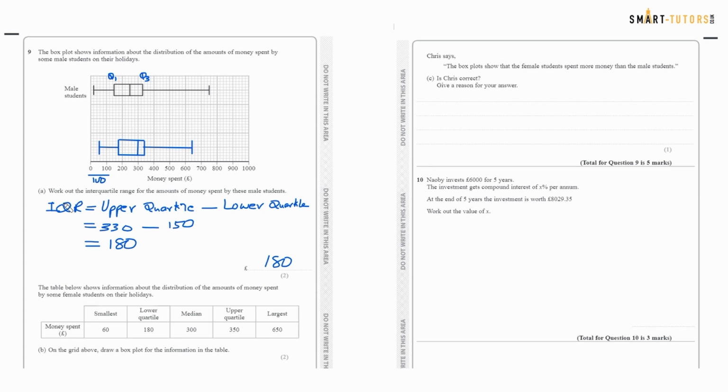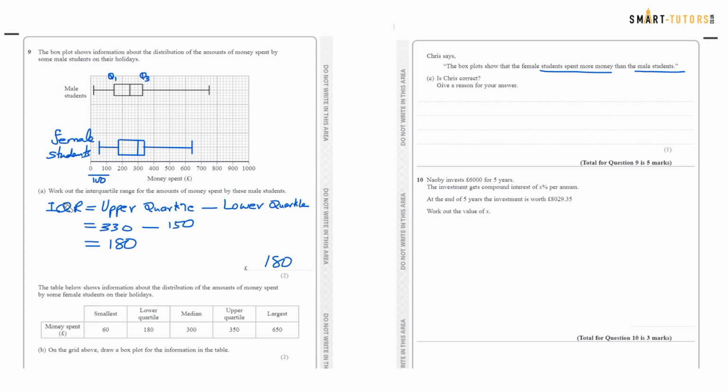Right, part C. Chris says the box plot shows the female students spent more money than the male students. So the statement by Chris: girls spend more than boys. Before we write, we need to answer yes or no. So for the male students, the average means median.